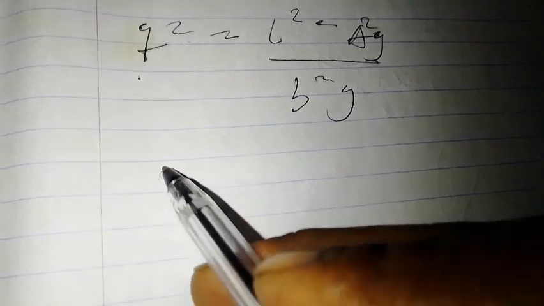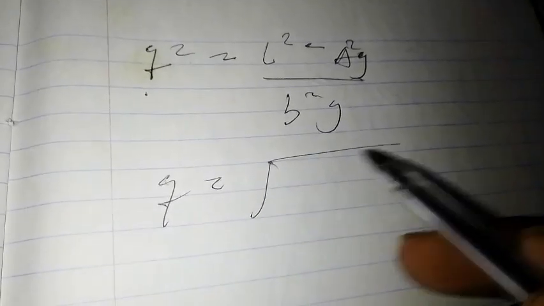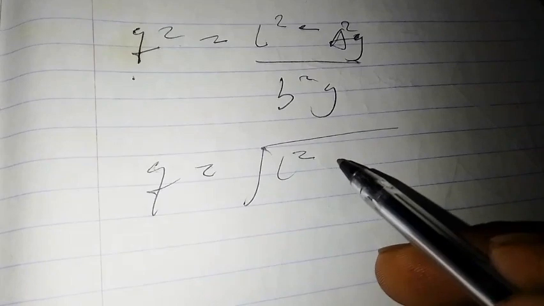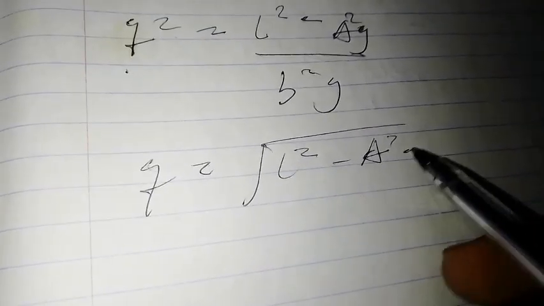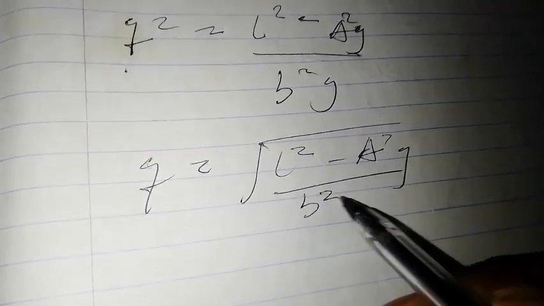Sorry for that. Q equals the square root of L squared minus A squared G over B squared G.